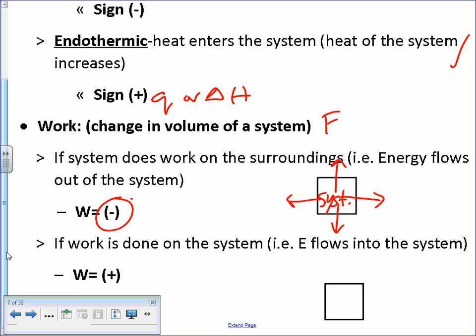This pushing we call delta V, because the volume is changing. You're expanding.